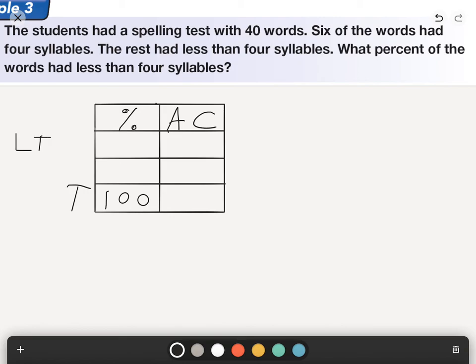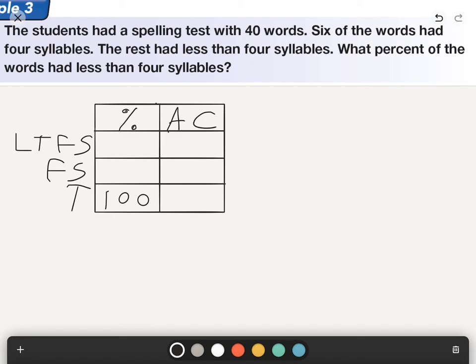Less than 4 syllables and 4 syllables. Well, I did the 4 syllables at the top of the left. Oh, sorry, I did that first too. It actually wouldn't make any difference. It would not, but just as far as following the book correctly goes.